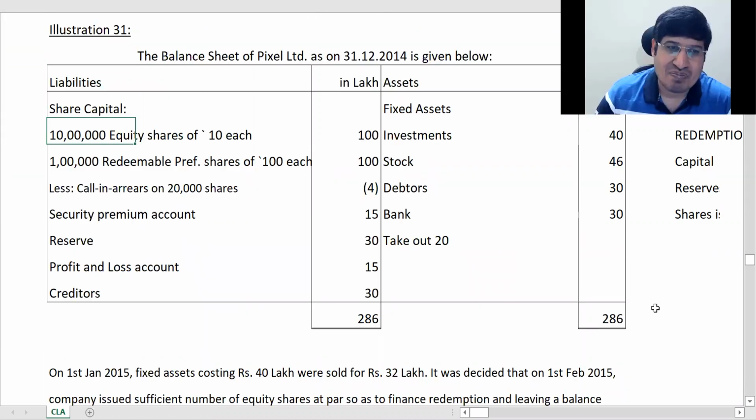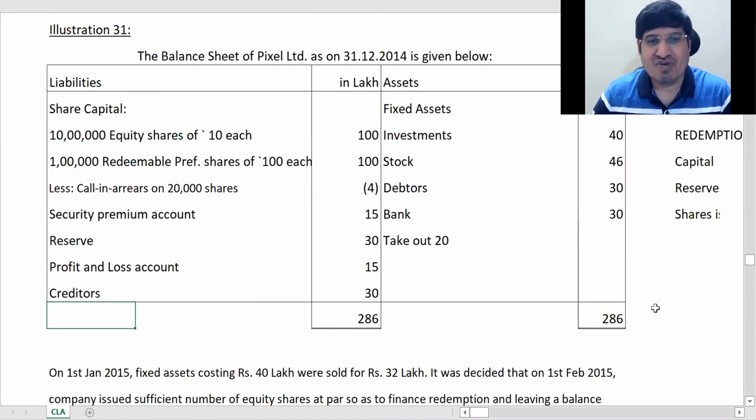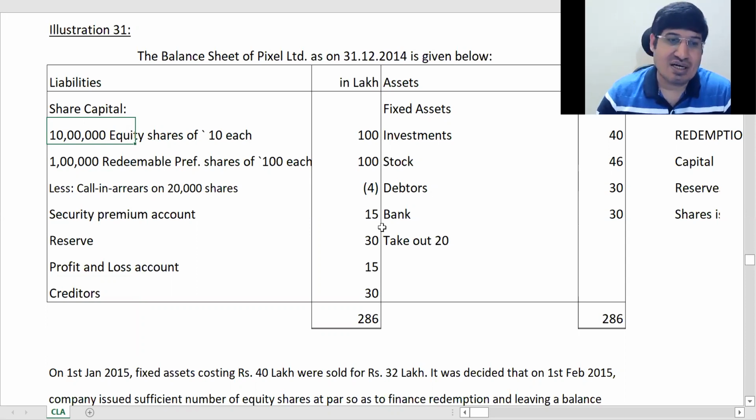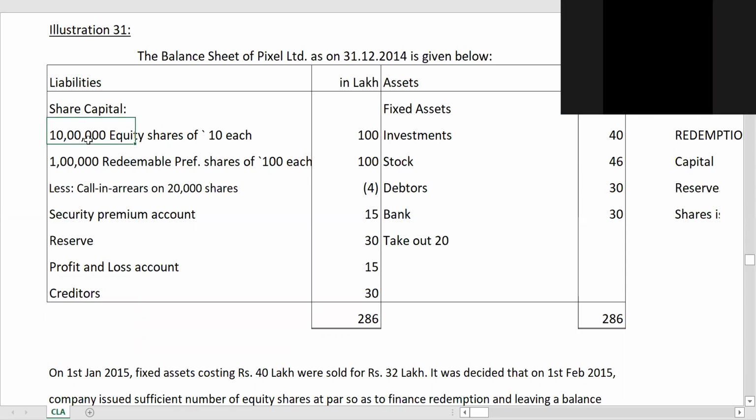ठीक है, तो यहाँ पे कितना 1 lakh equity shares है, so 1:10, how much will it be? 1/10 of 1 lakh. 10,000. So 10,000 bonus shares will be issued. Sorry, one minute, not 10,000. 1 lakh, correct.